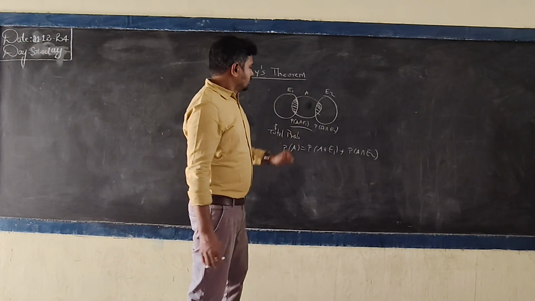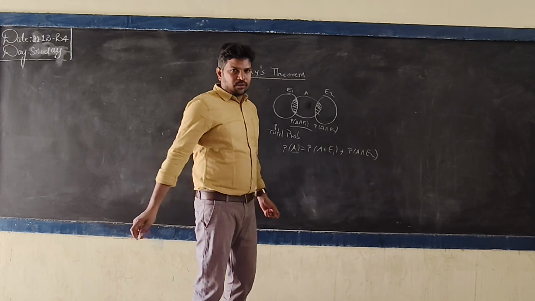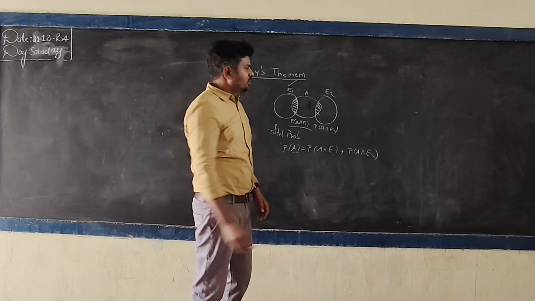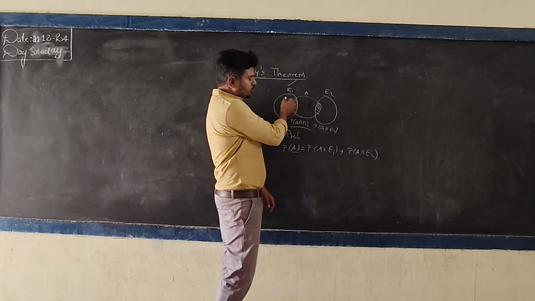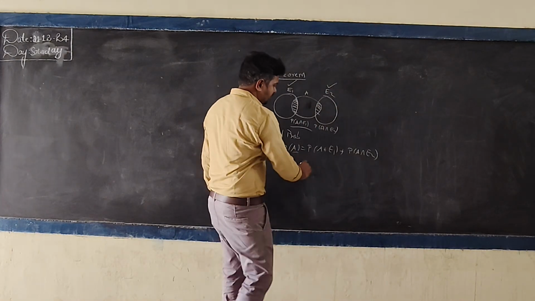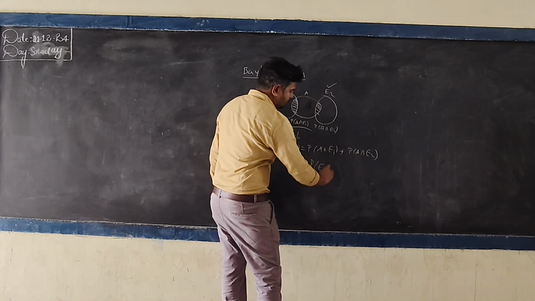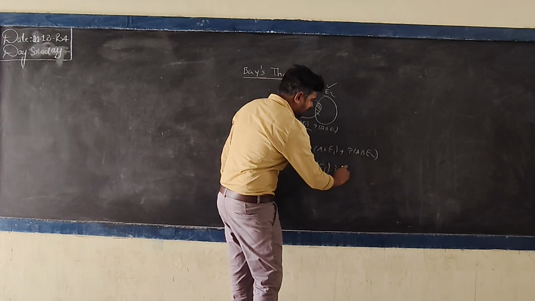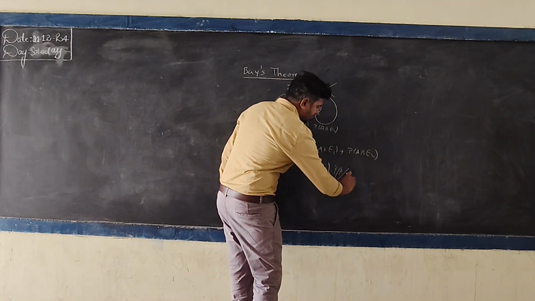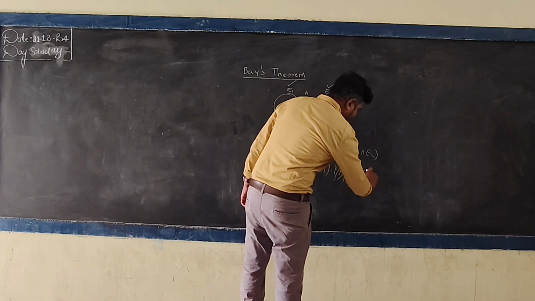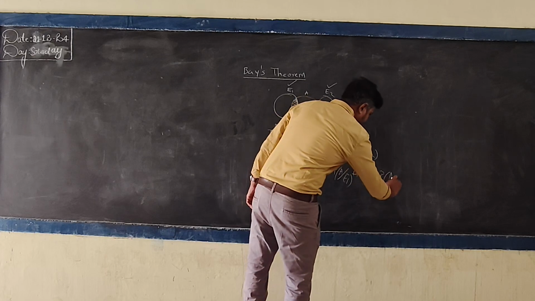In order to achieve this total probability of A, we have to know whether this sample space exists or not. First you have to know the probability of E1, next the conditional probability of occurrence of A in E1, plus the probability of E2 and the probability of A in E2.